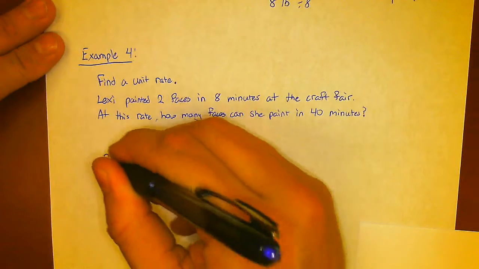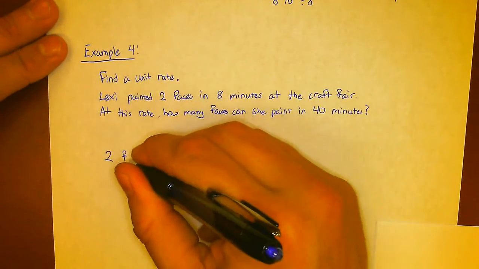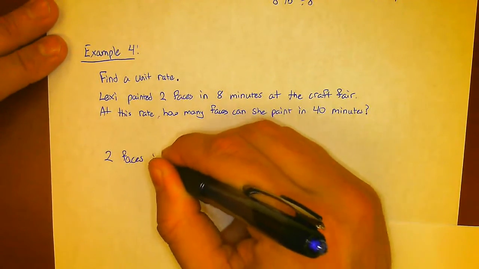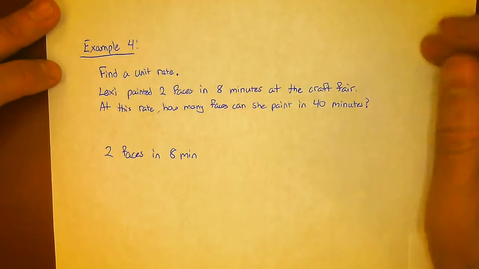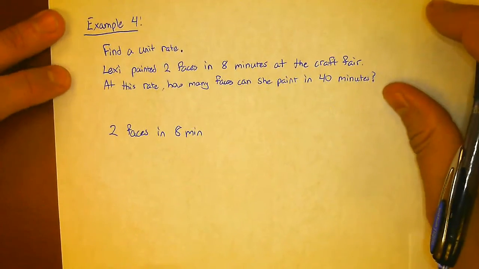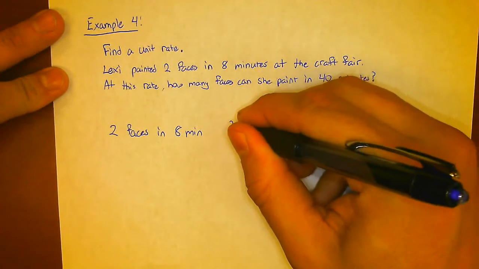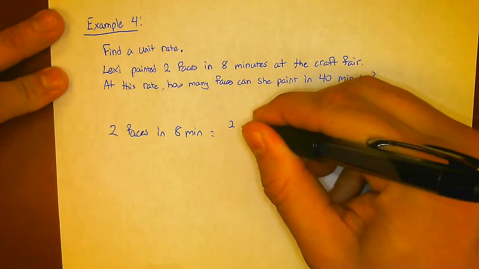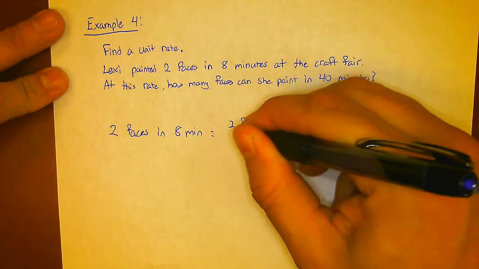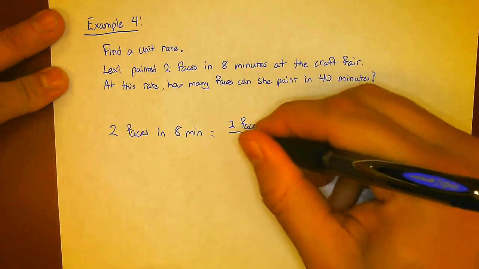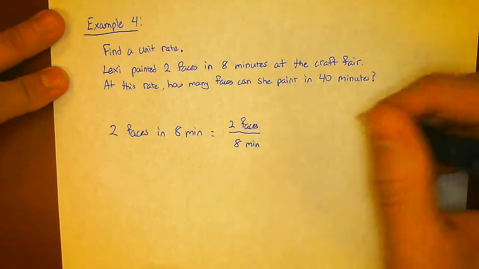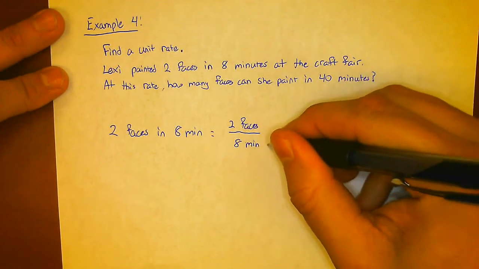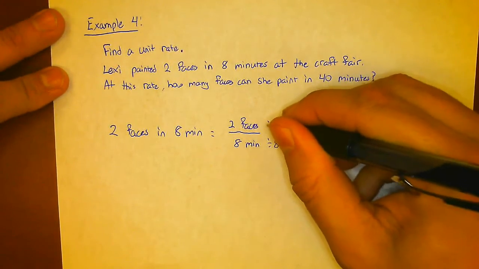We've got 2 faces in 8 minutes. This is just like all the other problems we've been doing. I'm going to set that up as 2 faces in 8 minutes. So what do we do? We divide by 8 on both sides.